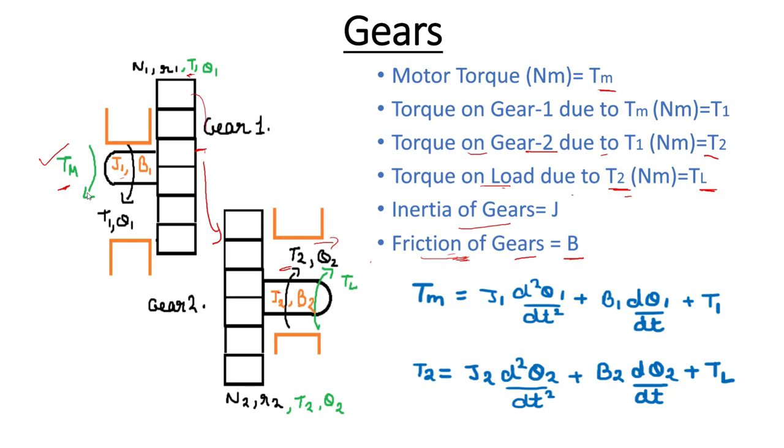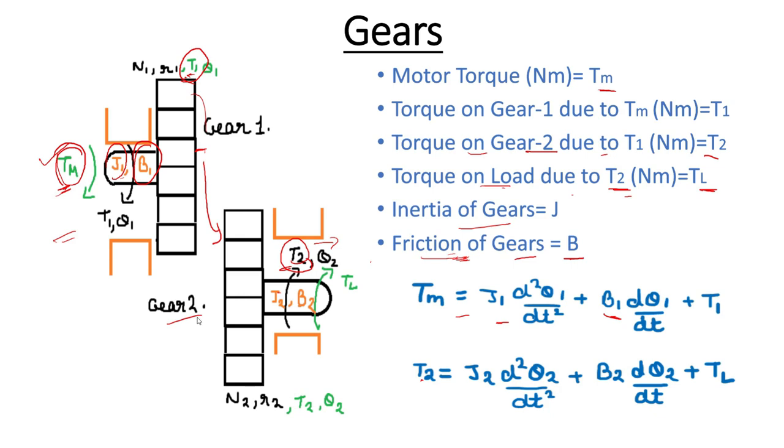Okay, so now for gear 1 we can write Tm is equal to J1 into double differentiation of theta 1 with respect to time plus B1 into d theta 1 upon dt plus T1. So torque due to this motor is equal to torque due to this inertia element, torque due to this damper element, and then the net torque T1.